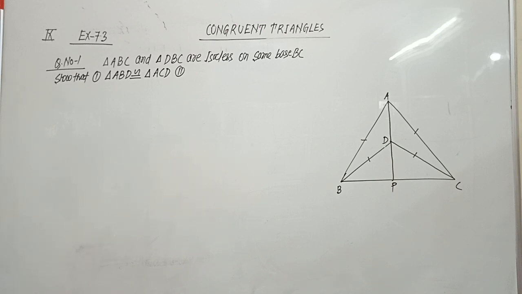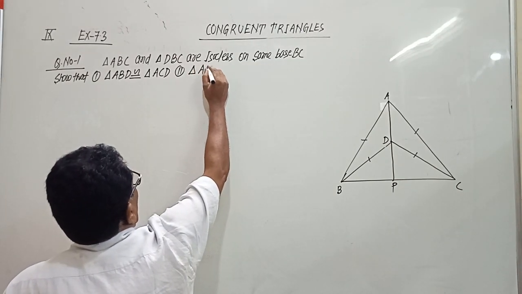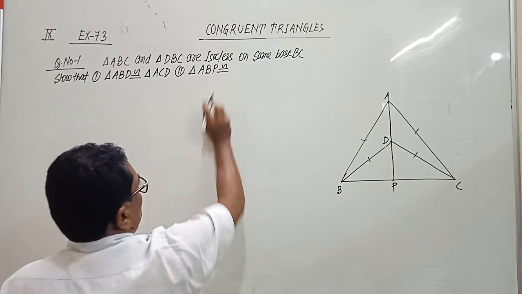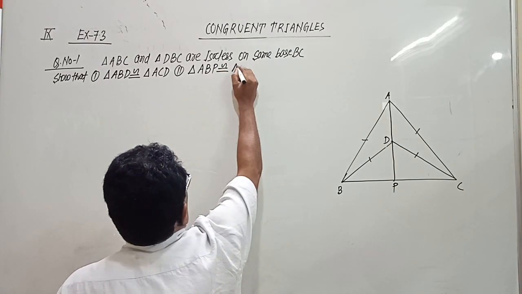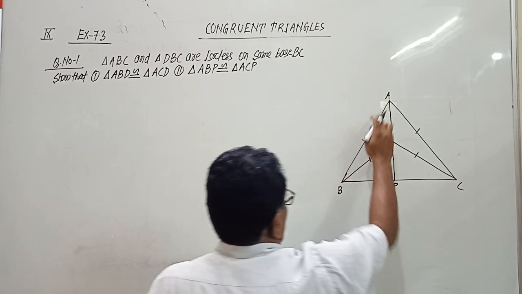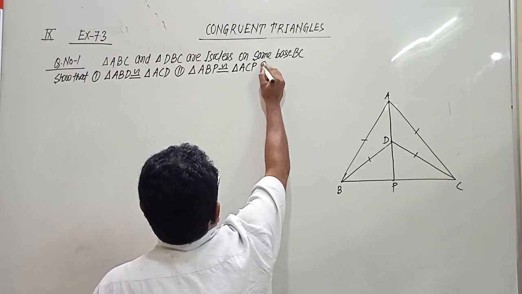Then the second part, triangle ABP is congruent to triangle ACP.